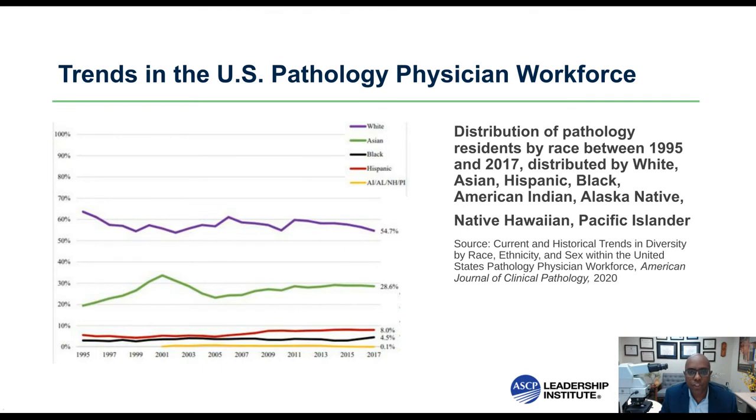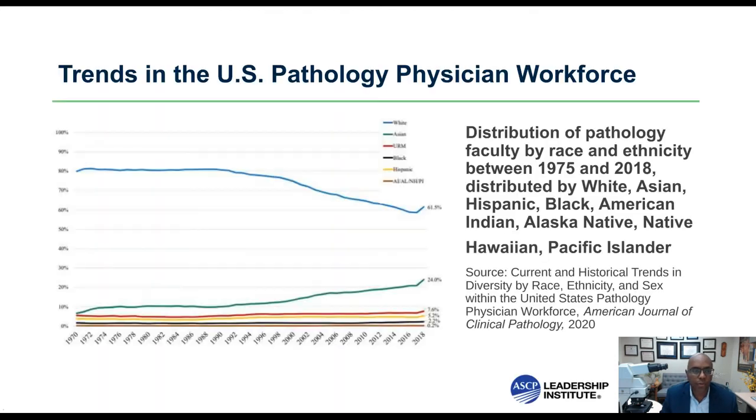Nothing has really changed over those 22 years. And if we look more at faculty by race and ethnicity, the underrepresentation of minority groups remains constant as well over 4 decades. The top is white, this is Asian, and the bottom is all the underrepresented minorities, which includes Black, Hispanic, and all Native Americans.